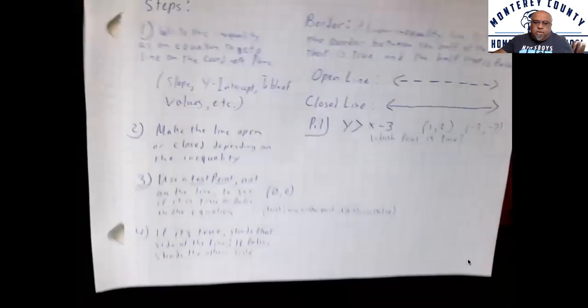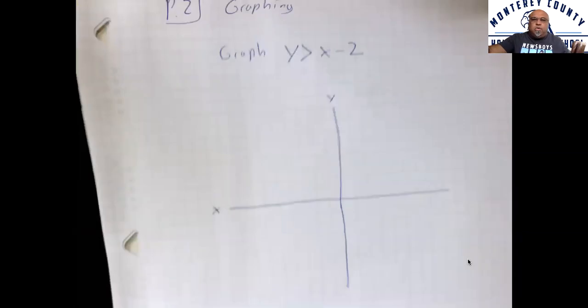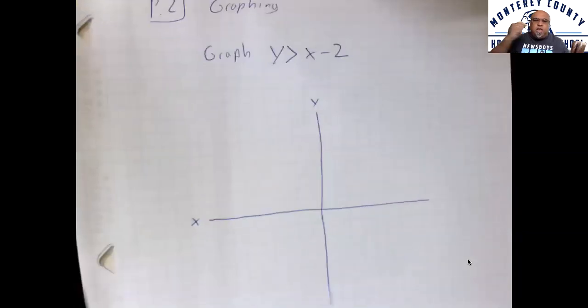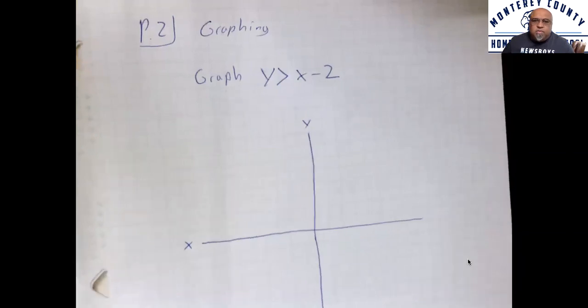And number 4, if it is true, shade that side of the line. If it is false, then shade the other side, okay? So let me see how a linear inequality is the same as a linear equation. With a linear equation, it's the same in that you get a table of values and then put the points down, and it's actually fairly simple.